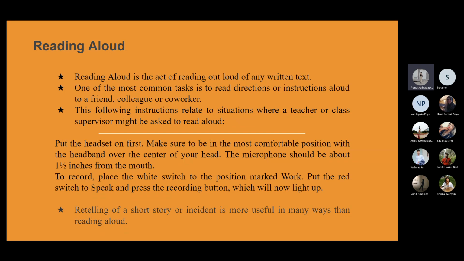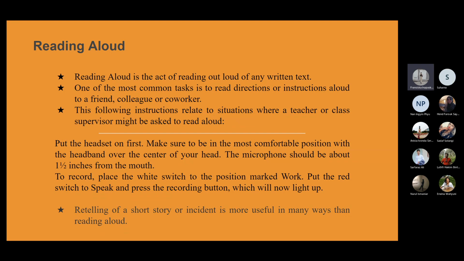So if it's necessary to use this testing method, the solution is that the test should at least use situations in which the students might actually read aloud, like reading instructions or maybe parts of letters to others. And then let's take a look at the last point here.